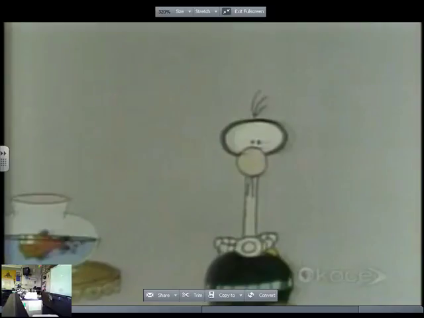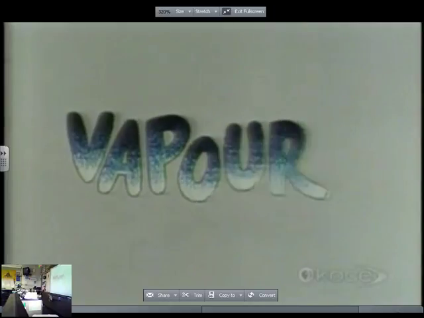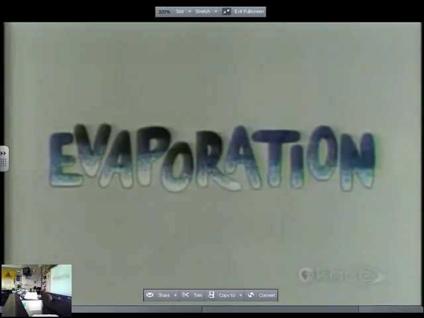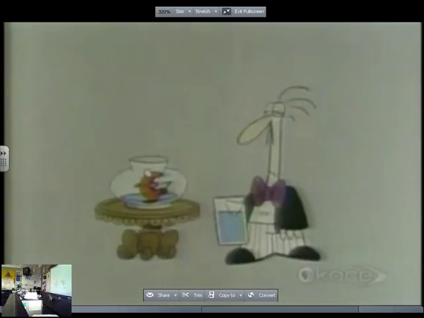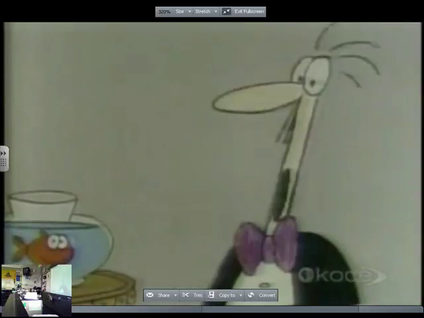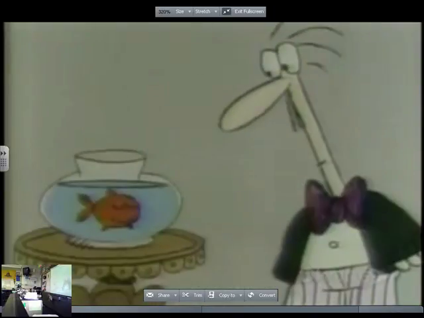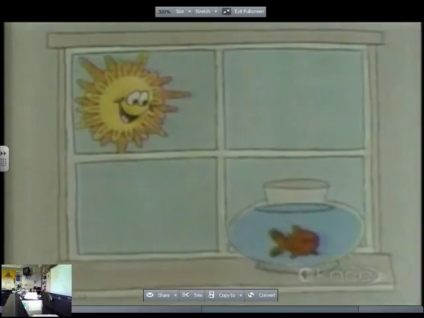But they're still there flying about. Only they don't form a liquid now. They form an invisible gas or vapor. That's why what happened to the water in your goldfish bowl is called evaporation. A change of state took place. The water changed from liquid to gas. It became water vapor.